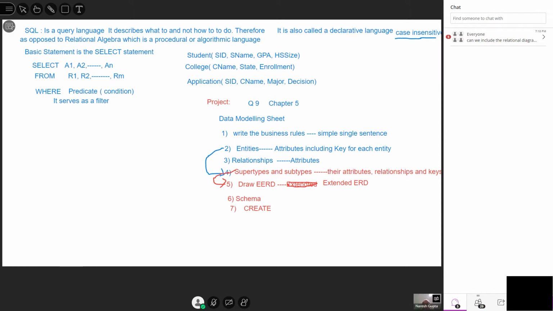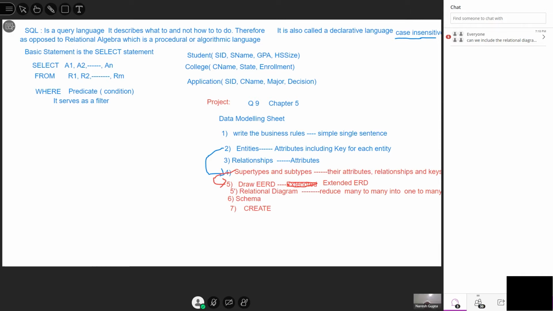And one more thing we have to do here. We have to show all other relationships using foreign keys. Show all relationships using foreign keys. That's the main use of the foreign keys.